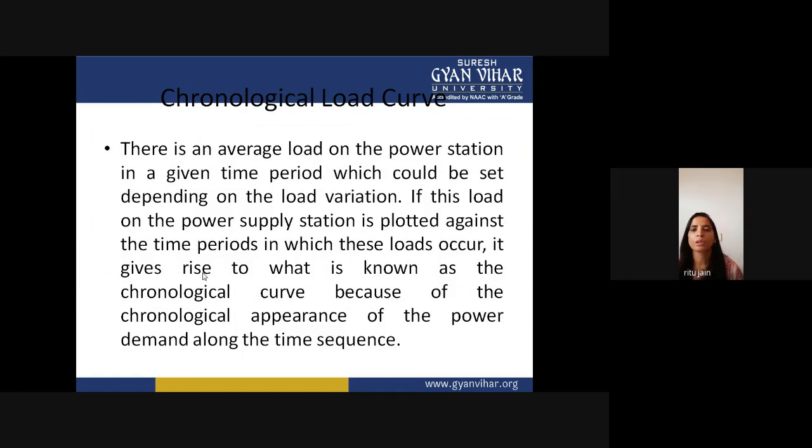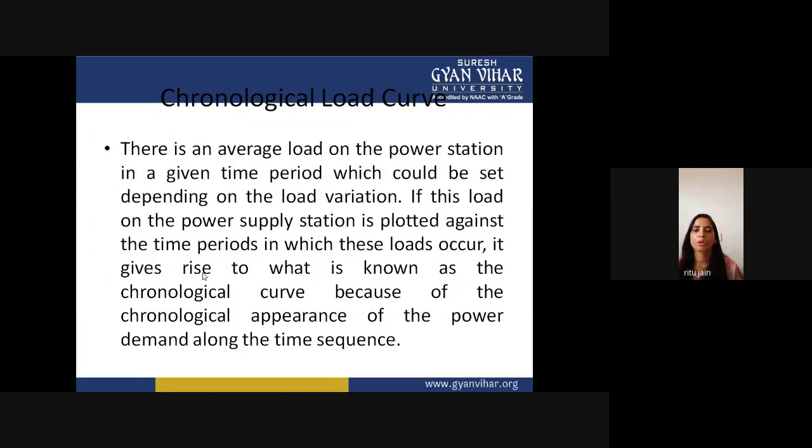If this average load is plotted against the time in which the loads occur, it gives rise to what is known as the chronological load curve. So average load versus time is defined as the chronological load curve.